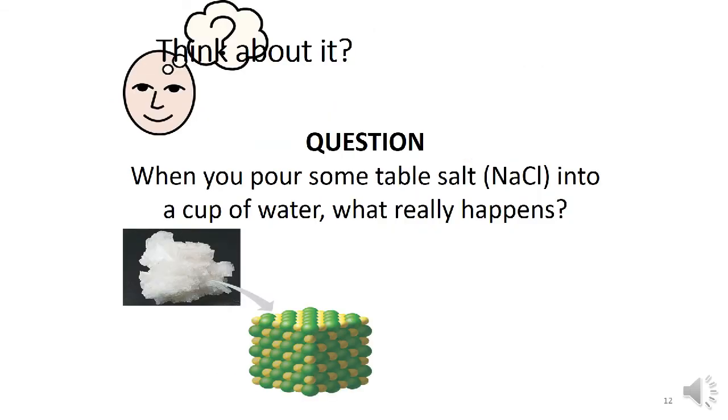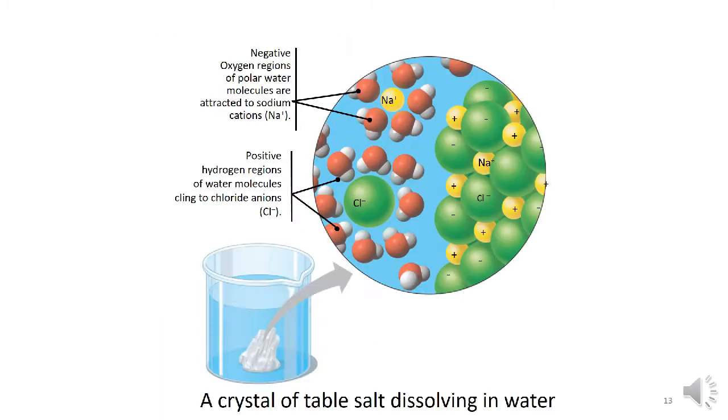Let's see one question. When you pour some table salt, sodium chloride, into a cup of water, what really happens? They will produce what we call the hydration shell. We have here the sodium, which is positively charged, and the chloride ion, which is a negatively charged ion. The negative oxygen regions of polar water molecules are attracted to the sodium cations because the sodium is positively charged.